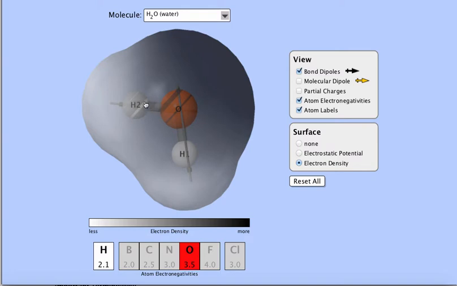Now, the cutoffs that we talked about in class, remember, those are just guidelines. In case you don't remember them, we always look at the difference in electronegativities. So in this case, we would say it's going to be a purely covalent bond if the difference in electronegativities is relatively small. And by relatively small, we generally say the difference has to be 0.4 or less between them. If it's more than 0.4, we say that the bond is polar covalent.